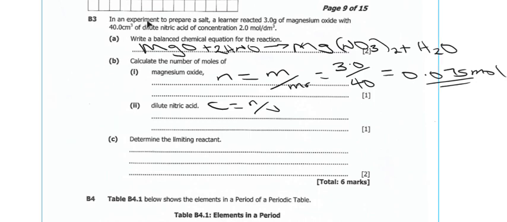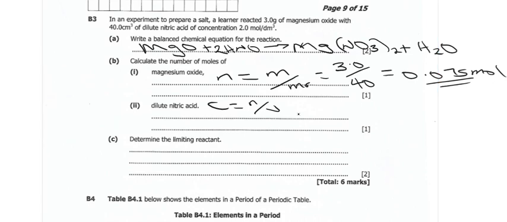Now let's see the units. Here we have cubic centimeters. On the concentration we have cubic decimeters. So it's up to us to choose which one we are changing. So let's change the cubic centimeters. And changing cubic centimeters to cubic decimeters, we just divide by 1,000.